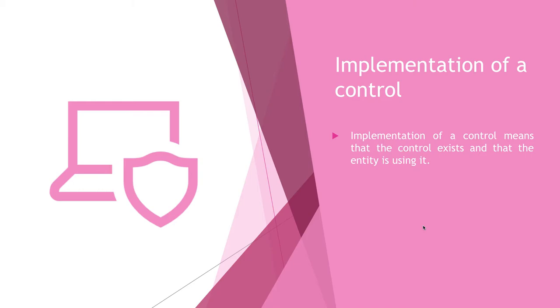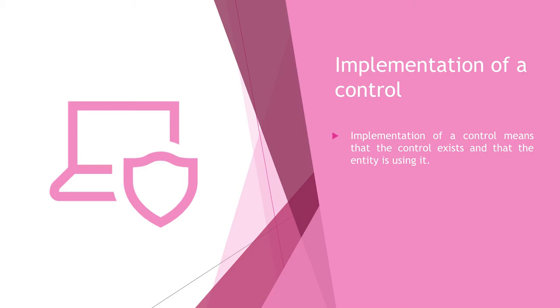Okay, so as to the implementation of a control, the control exists and the entity is using it. This is what I mentioned earlier in the discussion, that you do not stop in the evaluation of the internal control at whether there is an internal control.